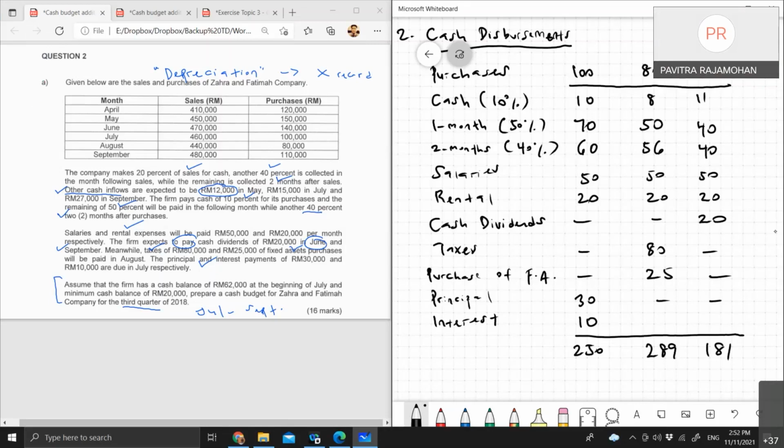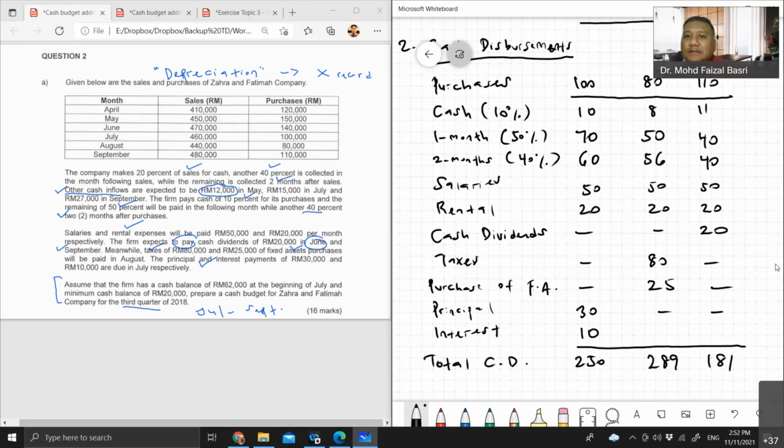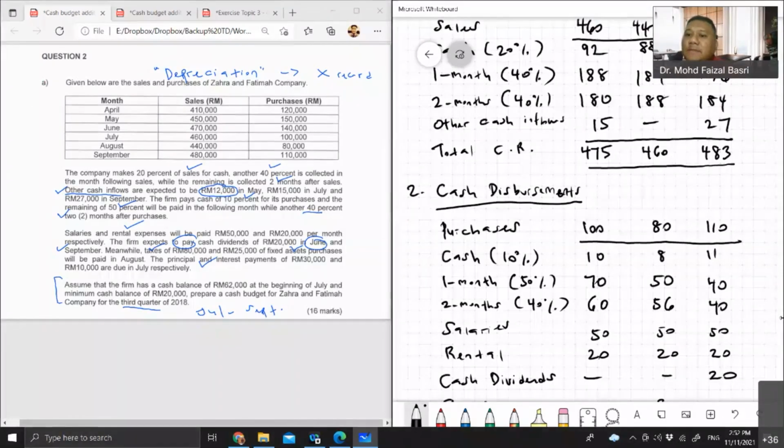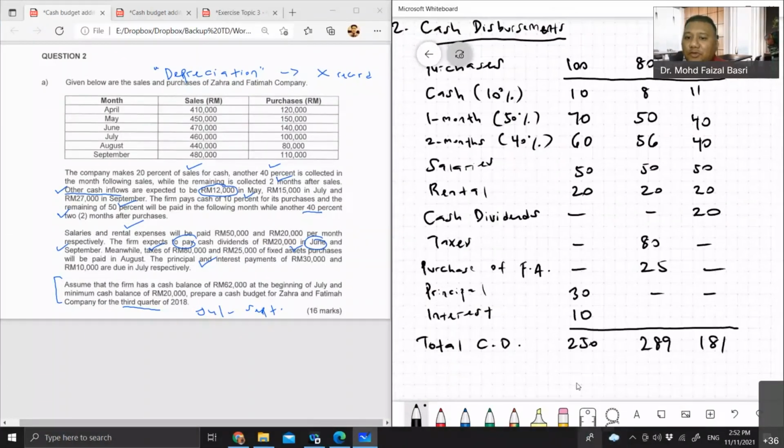So this is what we call total cash disbursement. This is total outflow basically. Earlier, number one, we have total receipts. So this is total inflows for the month respectively. And the one at the bottom here is our total outflows.